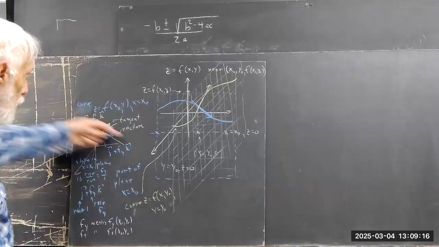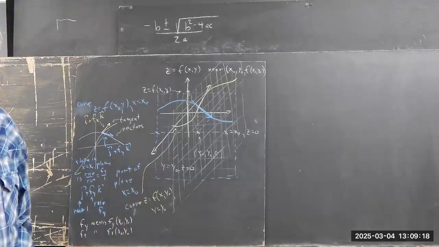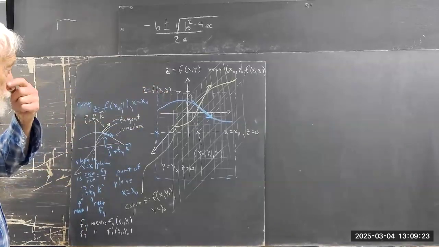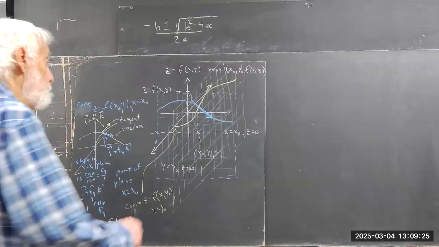In other words, this is the y slope at the point x naught, y naught, f of x naught, y naught.